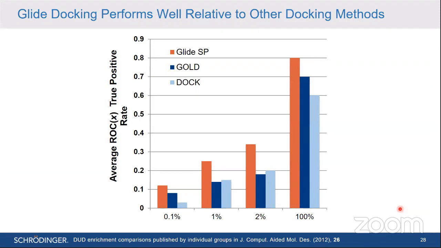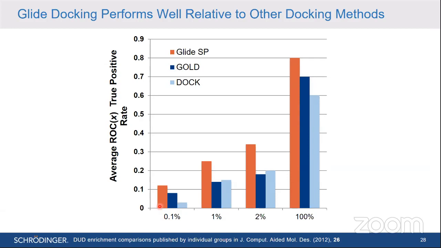As I said, if you compare various software, there is an already known study published in the Journal of Computer Aided Molecular Design in 2012. The authors performed enrichment calculations using various software like Glide, Gold, or Dock. They found that Glide performs better than any other software and gives good enrichment.